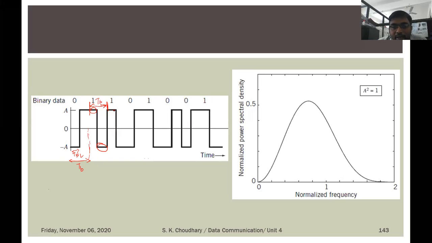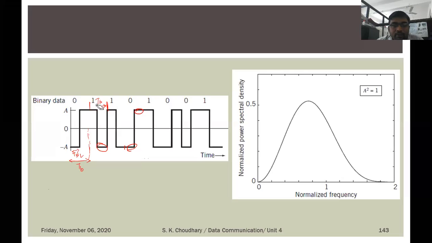Now, when 1 comes again, the same pattern is used. But when 0 comes, the polarity is reversed. The pattern is the same, but the polarity is reversed. So in the case of 0, the first half of the bit period is minus A, and the next half of the bit period is plus A. It is just an inversion of the pattern we represented in the case of binary 1.